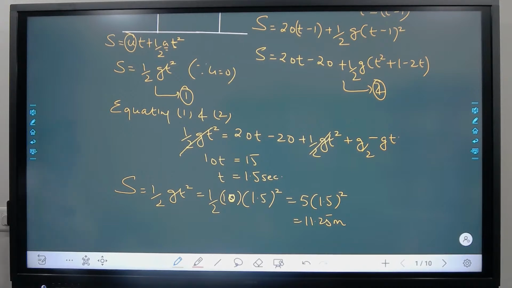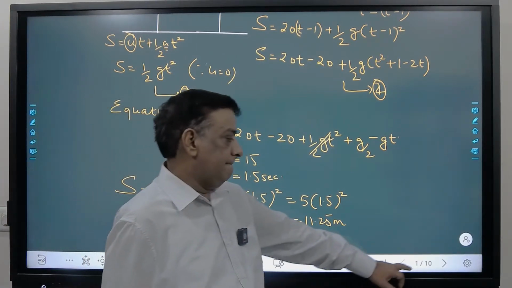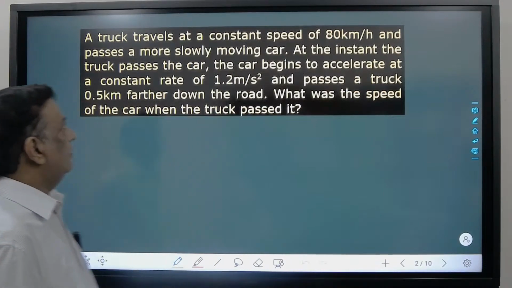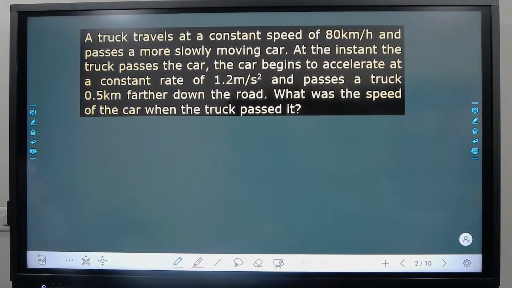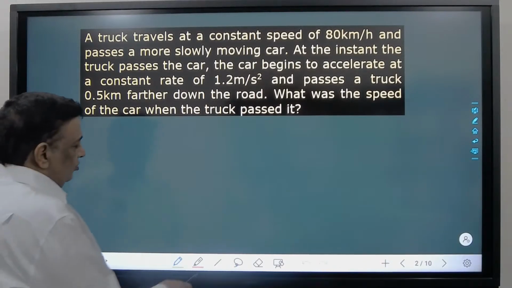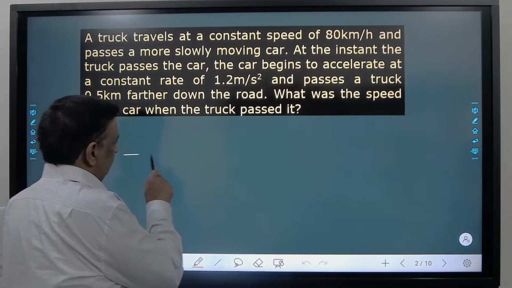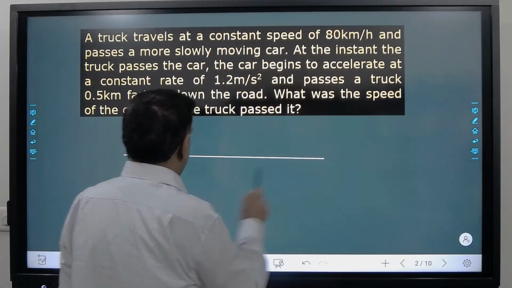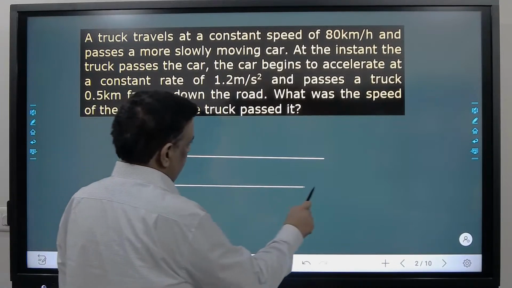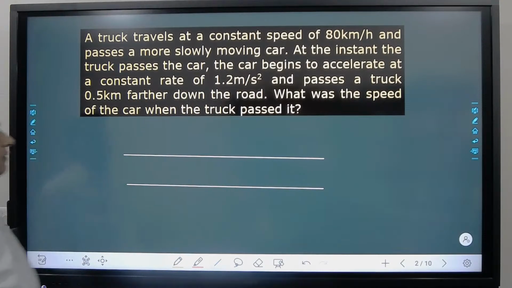This was the first numerical. Second is: a truck travels at a constant speed of 80 km per hour and passes a slowly moving car. At the instant truck passes, the car begins to accelerate at a constant rate of 1.2 meter per second square. So you can draw two tracks, one for car and one for truck.